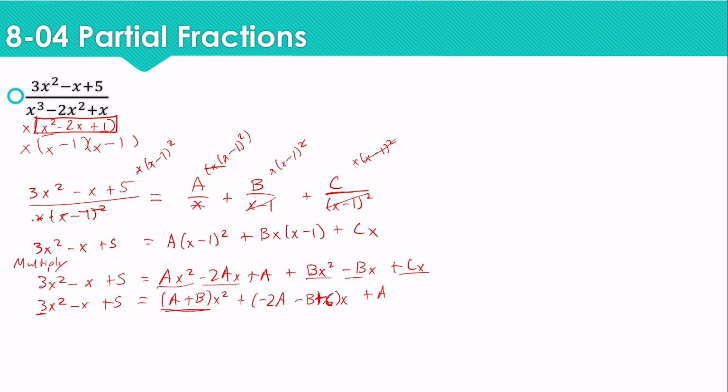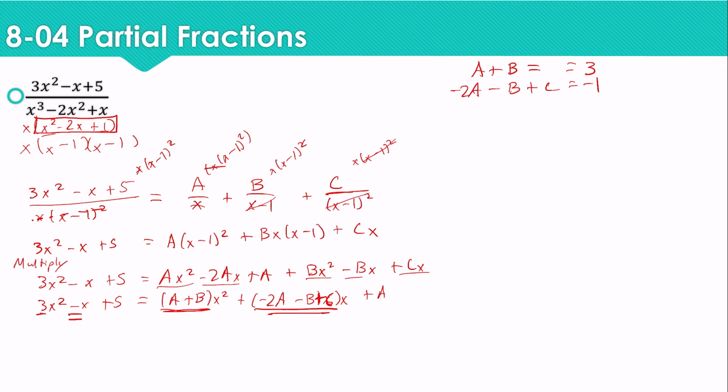The coefficient of x squared is a plus b, and on the left, that's 3. The coefficient of just x is -2a minus b plus c, and that equals, on the left side, -1.